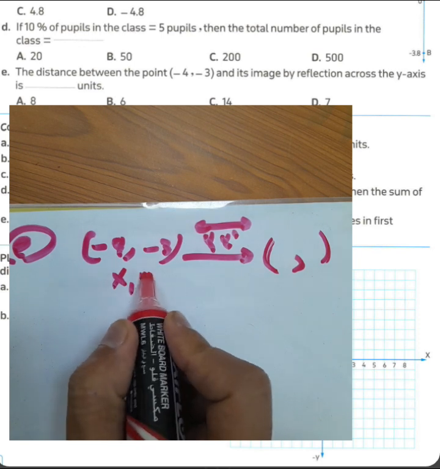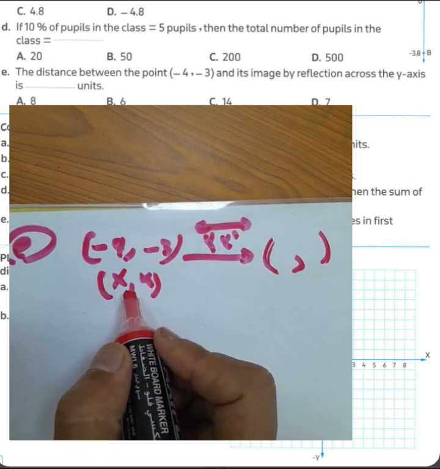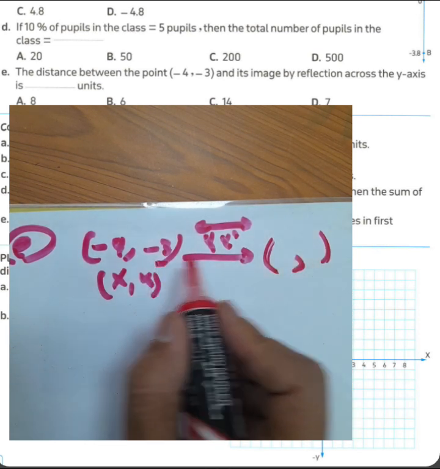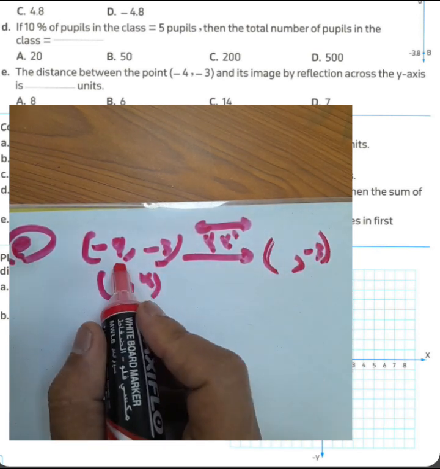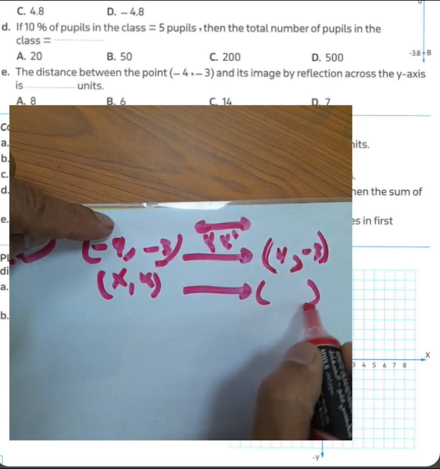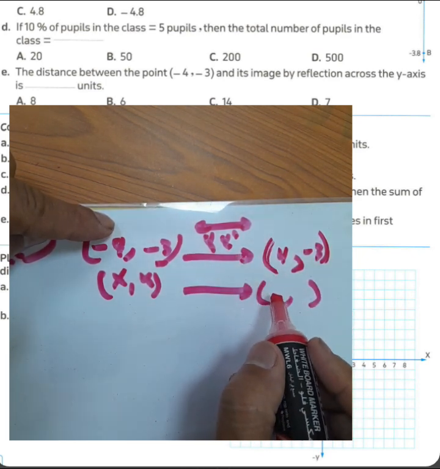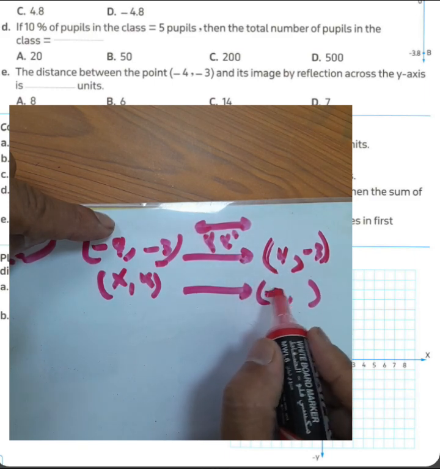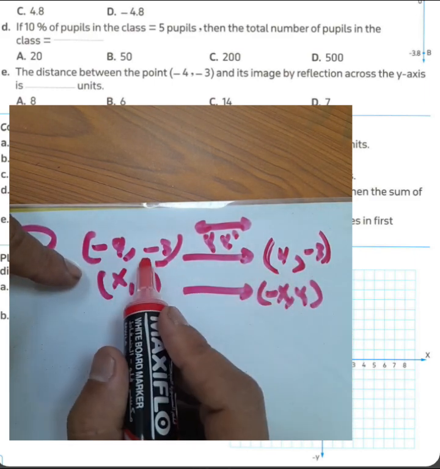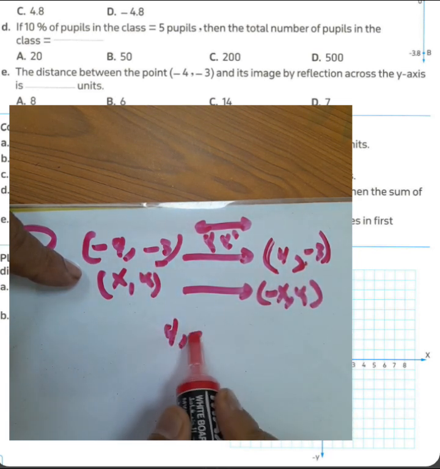We know any point consists of x and y. Reflection about the y-axis: keep y here, -3, and just change the sign of x. The rule for reflection about the y-axis is (x, y) becomes (-x, y). -4 becomes 4, and write y here -3. Then the point will be (4, -3).